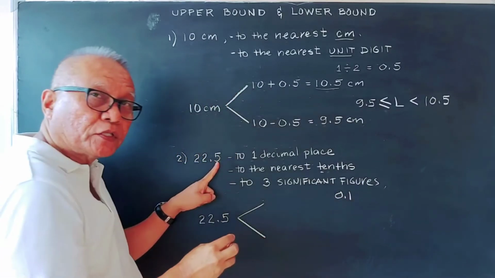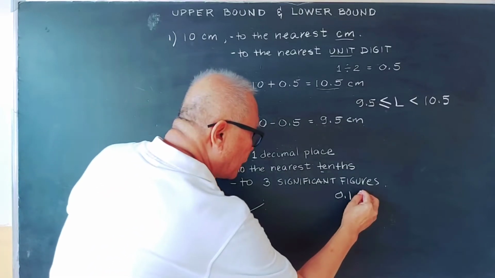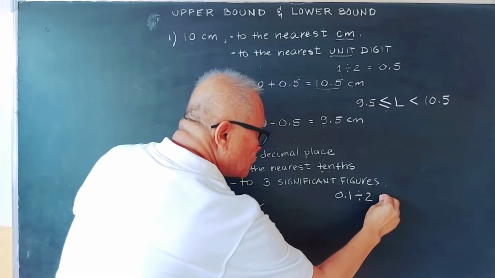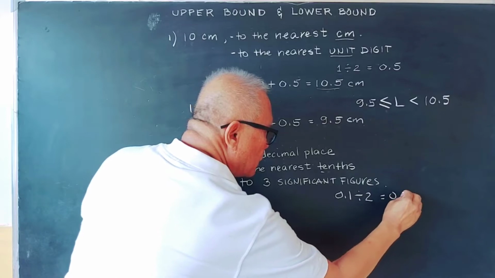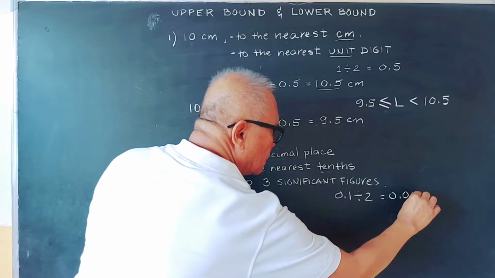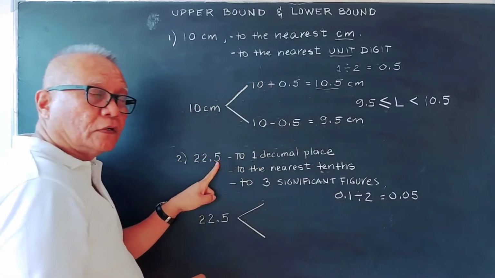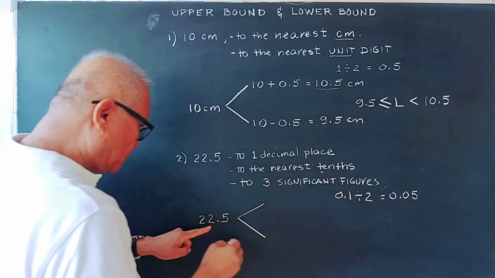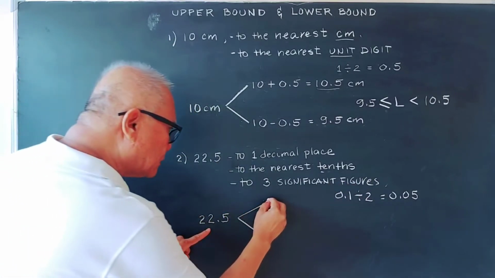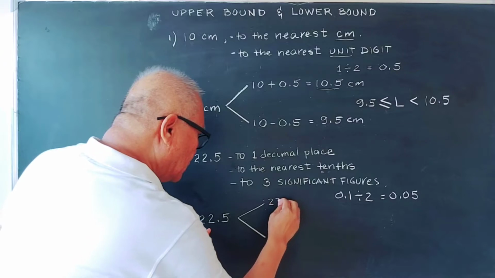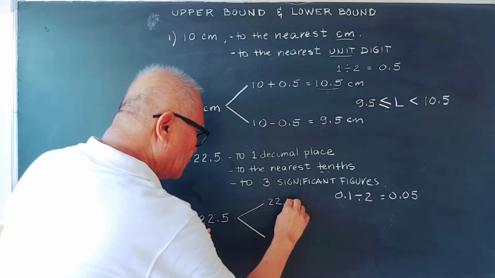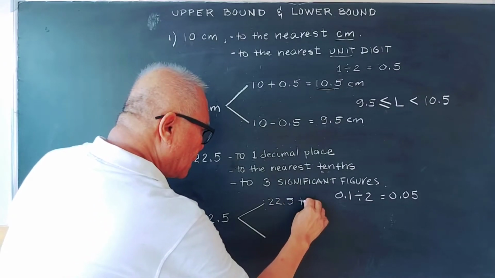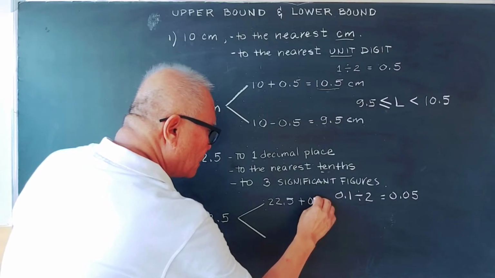So we have 0.1. What do we do with the 0.1? We divide it by 2 always. So we have this one, and it will give us 0.05. So we will add that 0.05 to 22.5 to get the upper bound. 22.5 plus the 0.05.